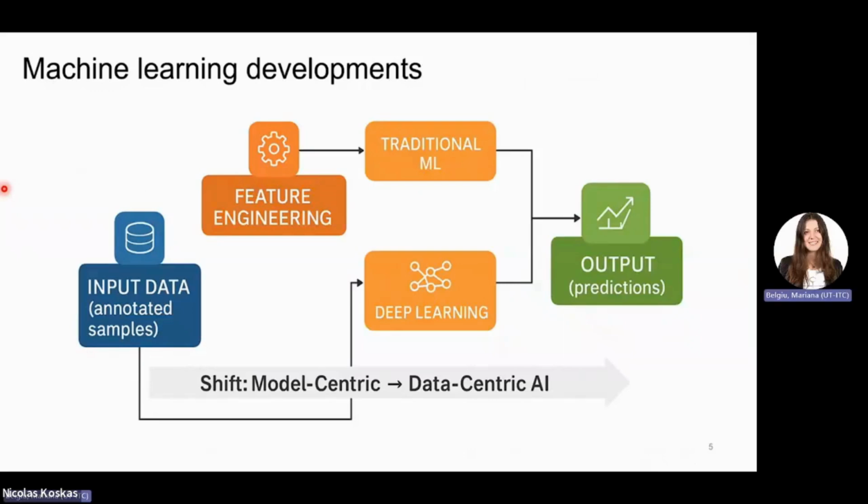We saw initially traditional machine learning, where we, as users of these algorithms, had to do what is called feature engineering. In other words, we had to identify from the raw images the features that are very important for a specific prediction task. This can be predicting the agricultural yield or estimating the nutritional quality of crops.